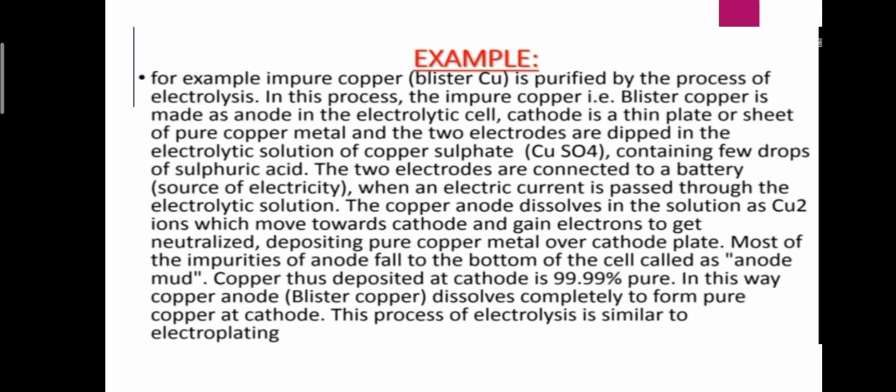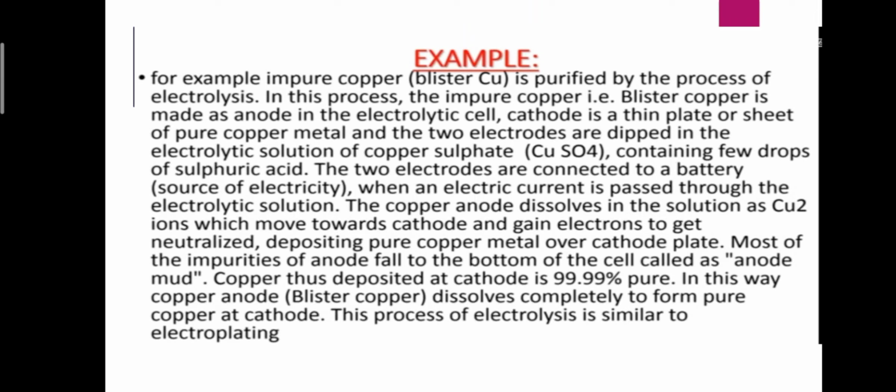When an electric current is passed through the electrolytic solution, the copper anode dissolves in the solution as copper 2+ ions, which move towards cathode and gain electrons to get neutralized, depositing pure copper metal over cathode plate.